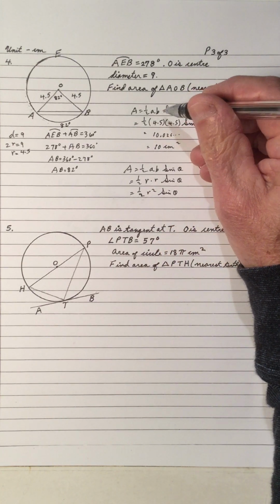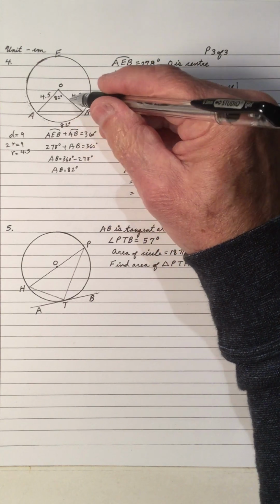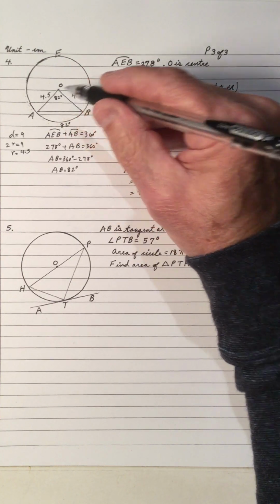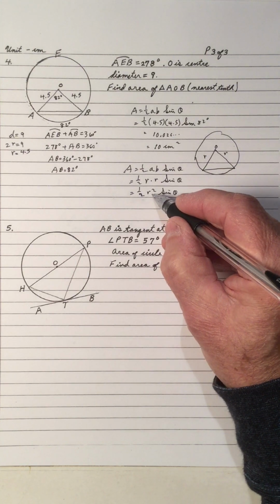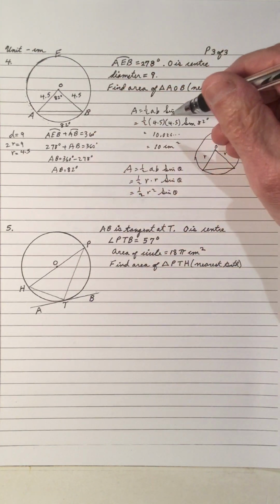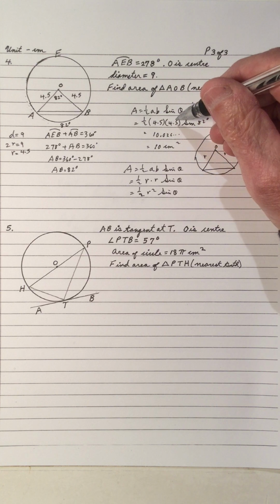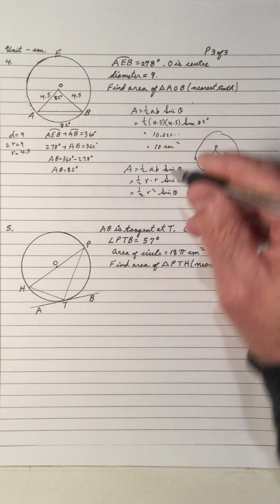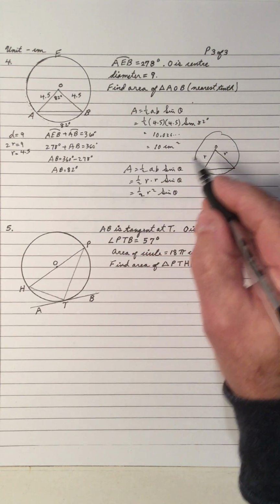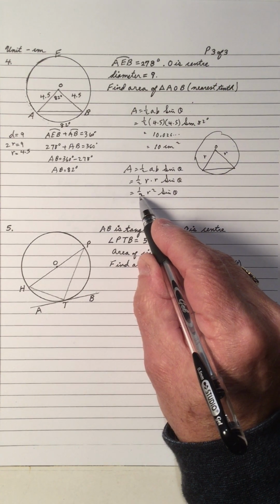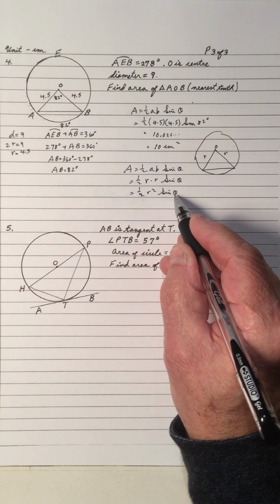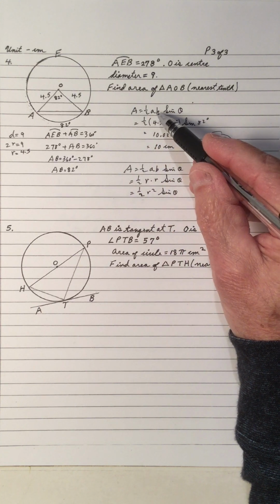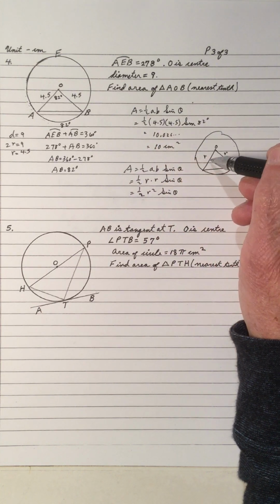So I use half of AB sine theta because it makes no difference if it's a circle or not. It's the product of these two. But because it's a circle, we have an r being squared. So if you take the 4.5 and square it, that's the same as taking 4.5 and multiplying by 4.5. So because it's a circle, you might see a half of r squared sine theta. But I go back to basics, and it's a half of AB sine theta, the two sides and the included angle.